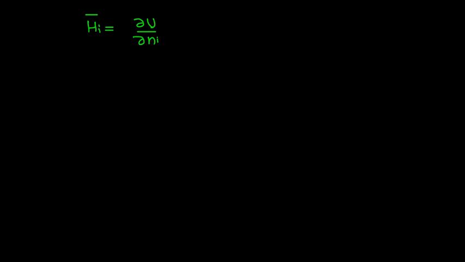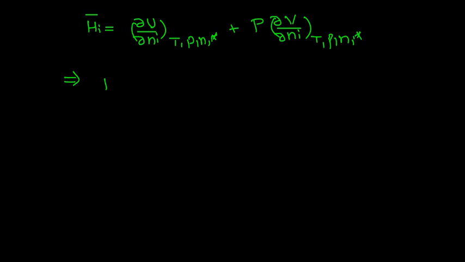And what we then get is Hi bar equals del U by del Ni at constant T, P, Ni star plus, now del by del Ni of PV, but here we have P as constant, so I can write this as P times del V by del Ni at constant T, P, Ni star, and what I observe is that Hi bar is nothing but ui bar plus P times Vi bar.